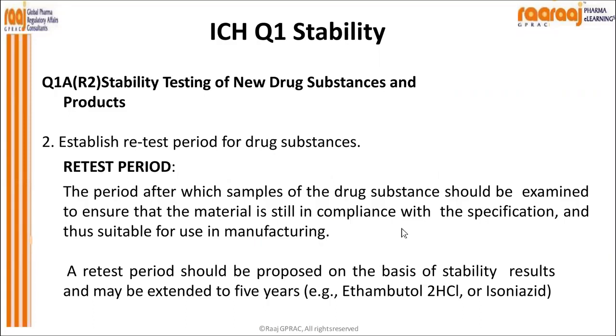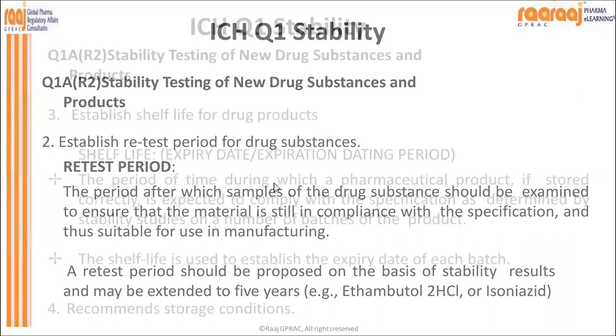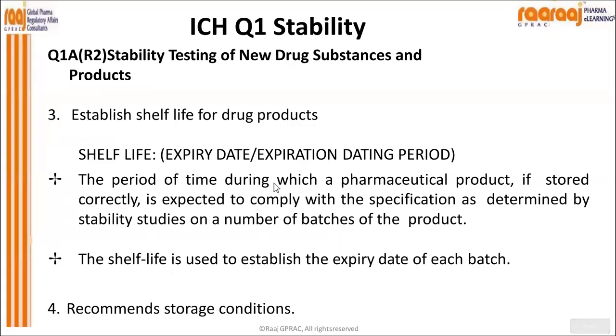So the retest period should be proposed on the basis of stability results and may be extended for 5 years. Okay. Based on your cumulative stability data, you can extend your shelf life and the retest period. Okay. Then establish shelf life of the drug product, that is expiry date, expiration dating period, you can calculate.